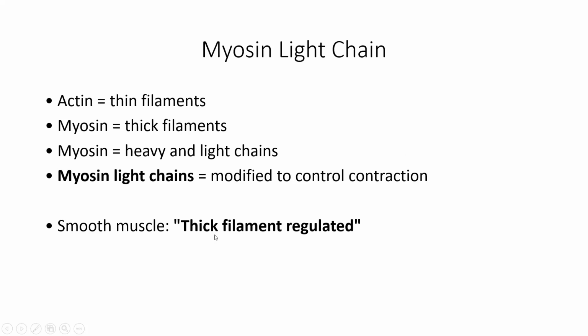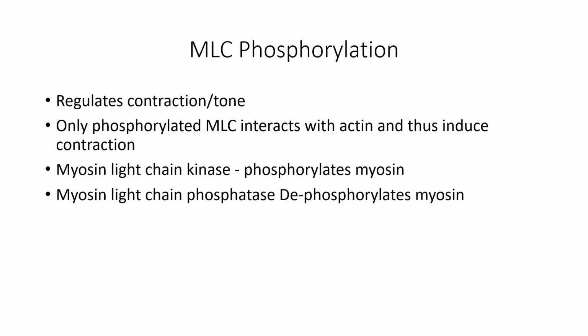That's why we say that smooth muscle contraction is thick filament regulated and mediated, but skeletal muscle contraction was thin filament regulated because troponin and tropomyosin were those regulators. But here, myosin light chain is the major one, yeah?